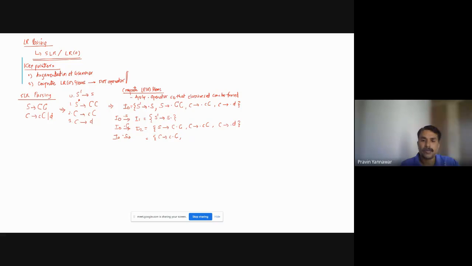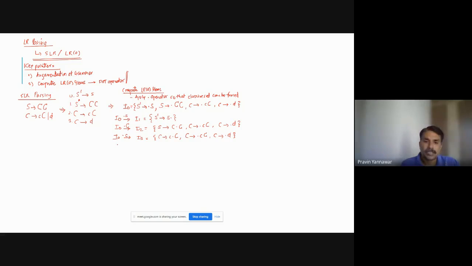So dot is applied over this capital C now, which means we need to take all the productions of C here again. So this is capital C, comma, C implies dot, small c, capital C, C implies dot, dot d. So this is going to be my new set called I3. So you have got I3 new set now.